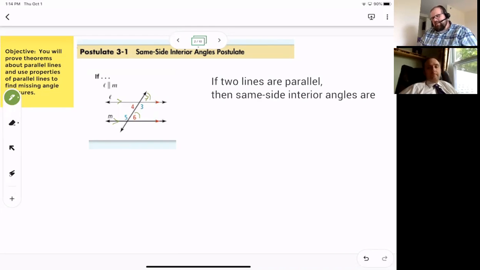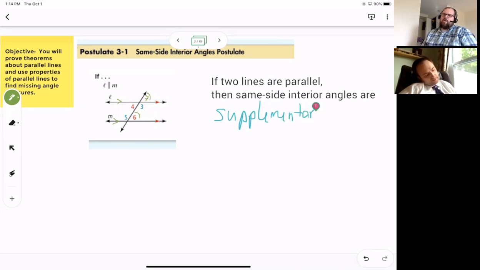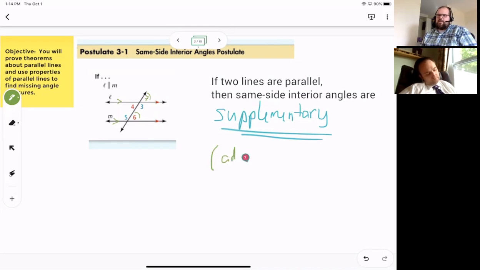And it kind of looks like they are. Like if you were to cut this picture and have angle 6 match up with angle 3, the two of those together would add up to 180. And that's what we're accepting as true as a postulate so that we can talk about all of the other different relationships that we have here.